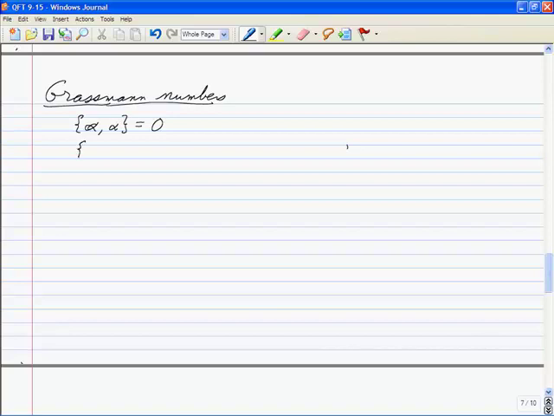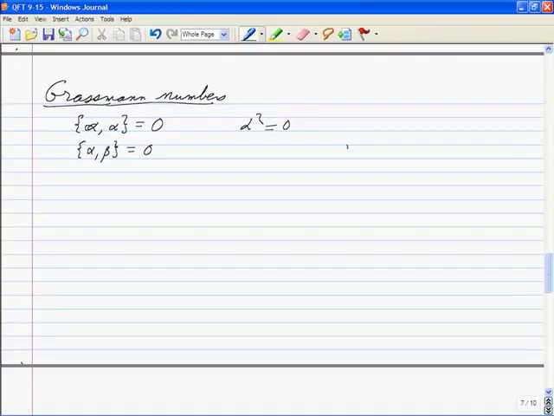If you have two numbers alpha and beta, they also anticommute. So alpha squared is 0, etc. So amazingly, you can build up a consistent set of calculus using such numbers, and we're just going to go through quickly the properties of it.